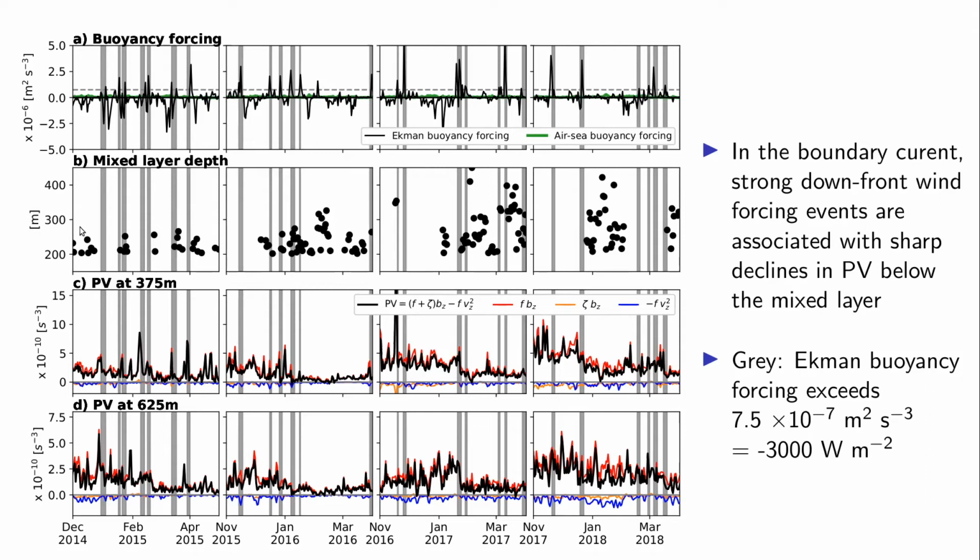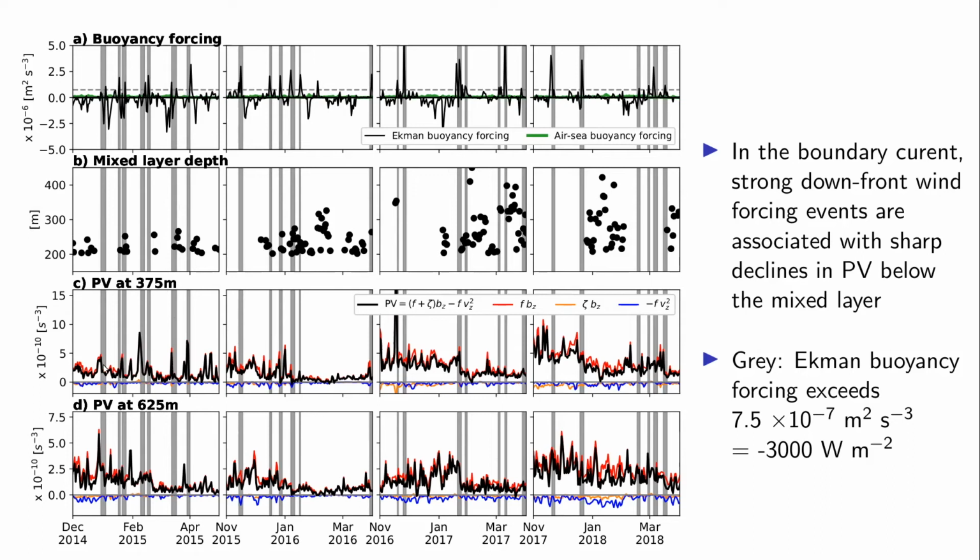So the mixed layer, in the first few years, it's sort of around 300 maximum. In the second 2 years, it's below 450. So definitely this bottom panel is always below the sort of conventionally defined mixed layer. And then in gray, in these gray vertical lines, I'm picking out events where this buoyancy forcing goes above this vertical dashed line.